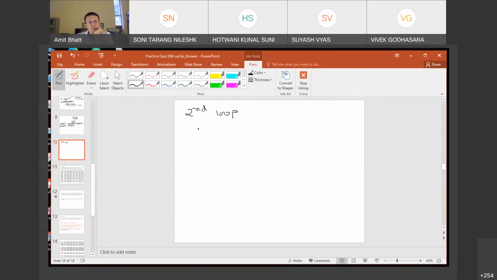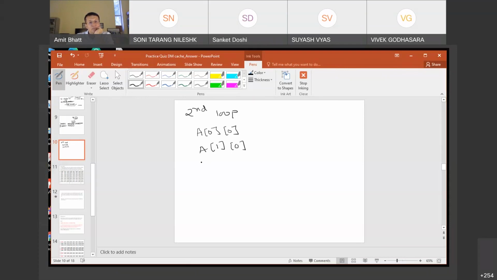Can you tell me, what would be the first element? Let's say A[0][0]. Yeah, and that was the easy one. What would be the second element which I want? A[1][0]. Right, the second element I want is A[1][0].